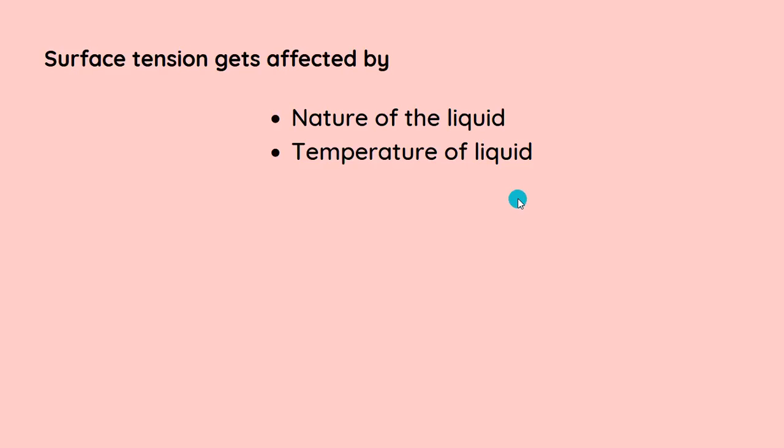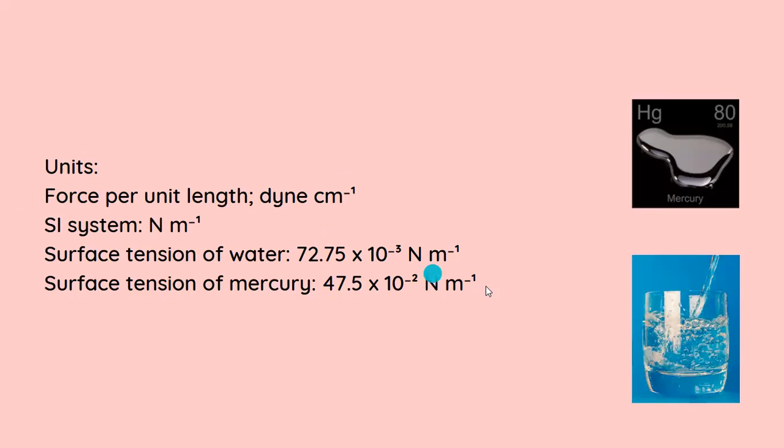Surface tension gets affected by two factors. If you remember, the same factors were discussed for vapor pressure: nature of the liquid and temperature of the liquid. Now assume a liquid has a lot of intermolecular forces of attraction between the molecules.